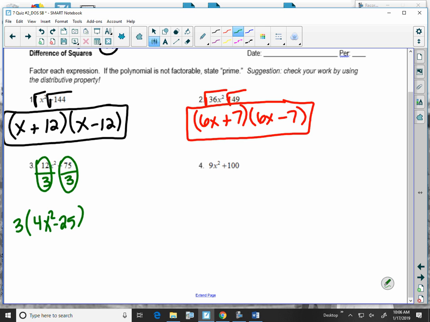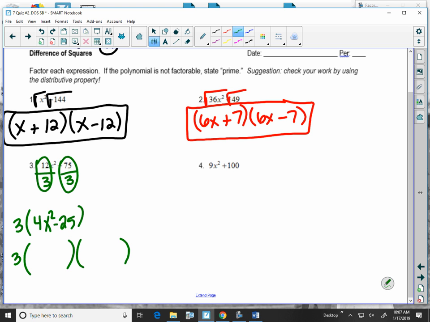This is a good answer, but we also need to check. Wait a second, we have two numbers inside our parentheses. That means two terms, and a subtraction sign, which means this may be a difference of squares. So 4 and 25 are perfect squares, meaning we can actually do difference of squares on the inside here. So we'll keep our 3.